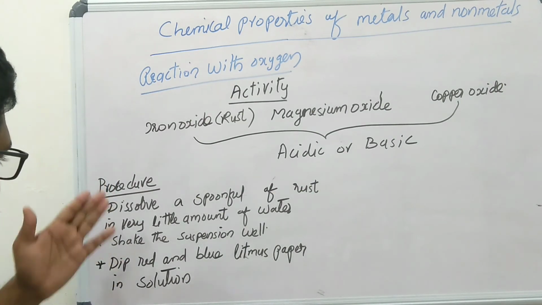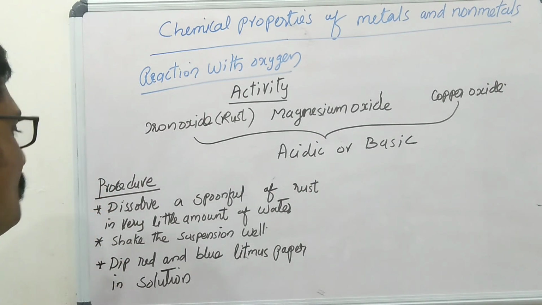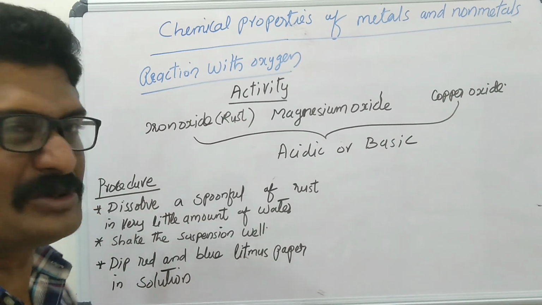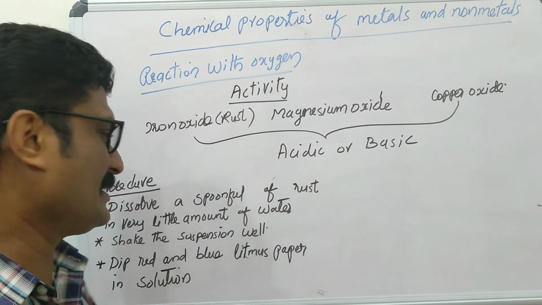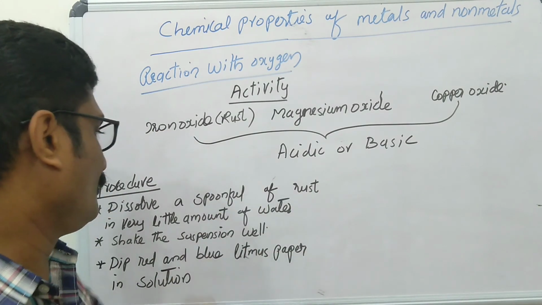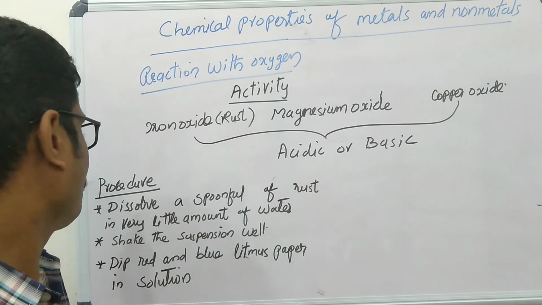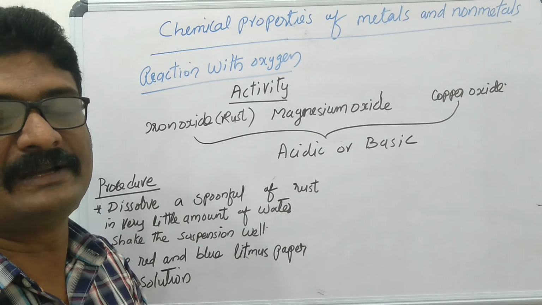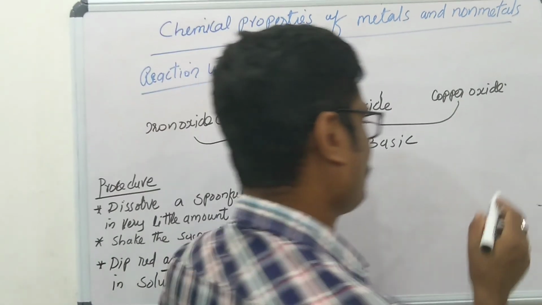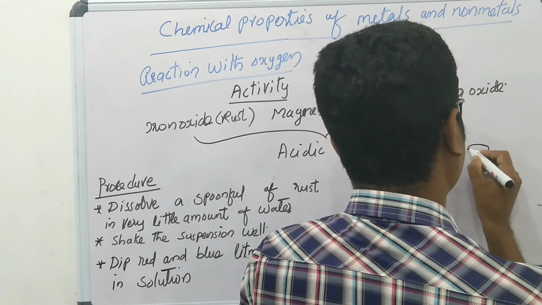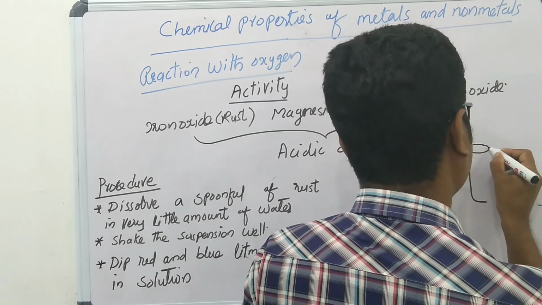Then, what about the procedure? First step, you have to dissolve a very small amount, a spoonful of rust, in very little water. Take a test tube.